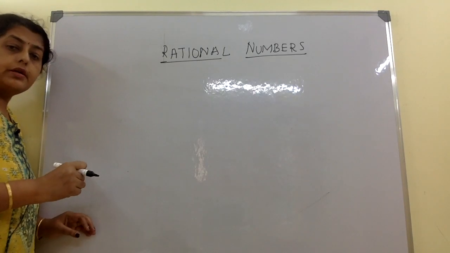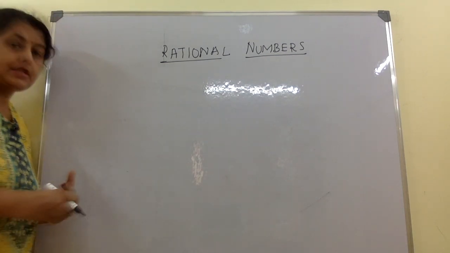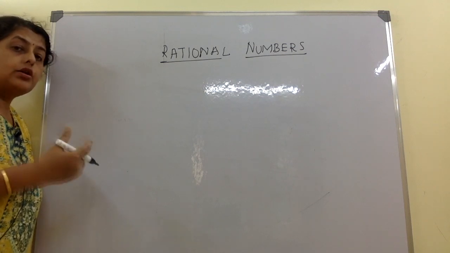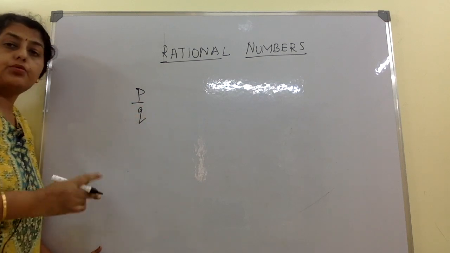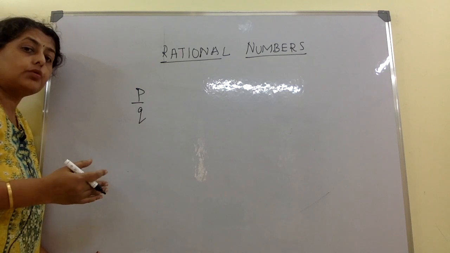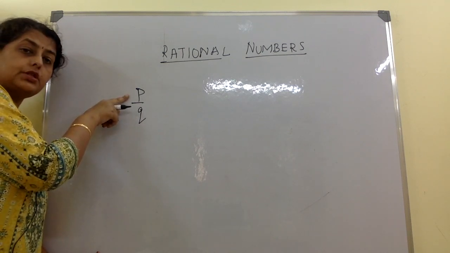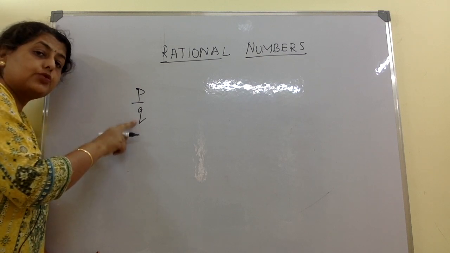Okay, so what are rational numbers? Now if we talk about rational numbers, we can say numbers which take the form p by q are rational numbers, where p is an integer. I'm sure this definition is told in your school also. Q is also an integer and q is not equal to 0.